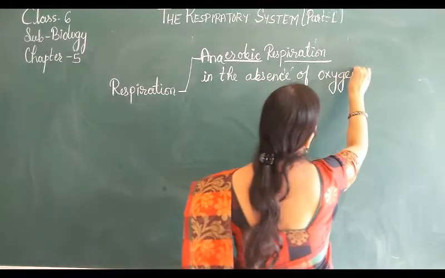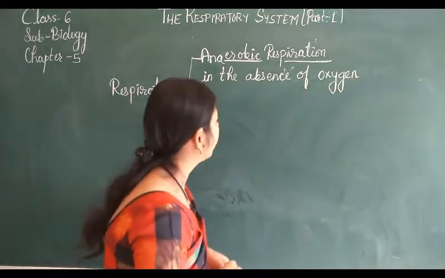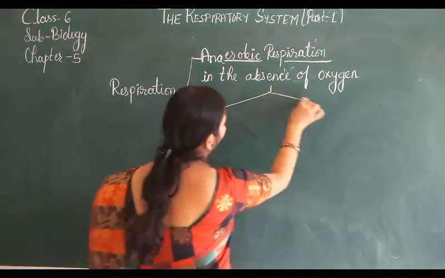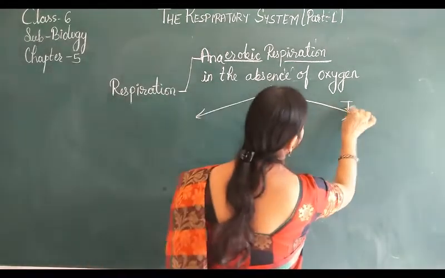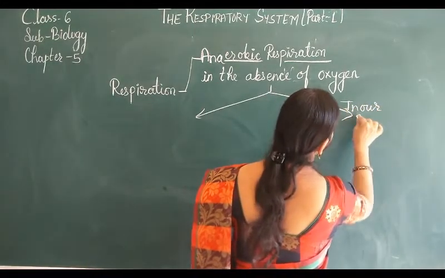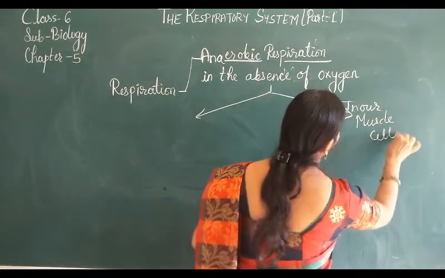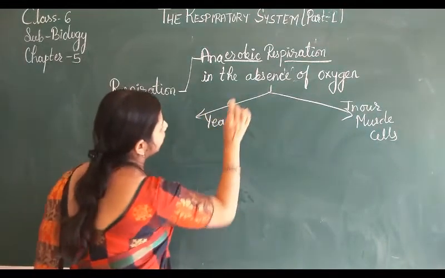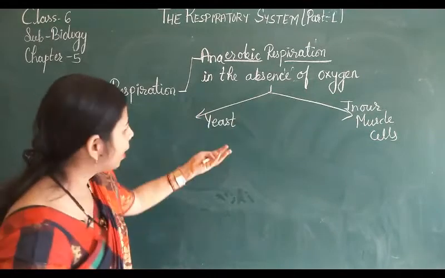Now, in the absence of oxygen, it can be in two forms. One is in our muscle cells, and one is in yeast cells. So in yeast cells it is completely anaerobic respiration.